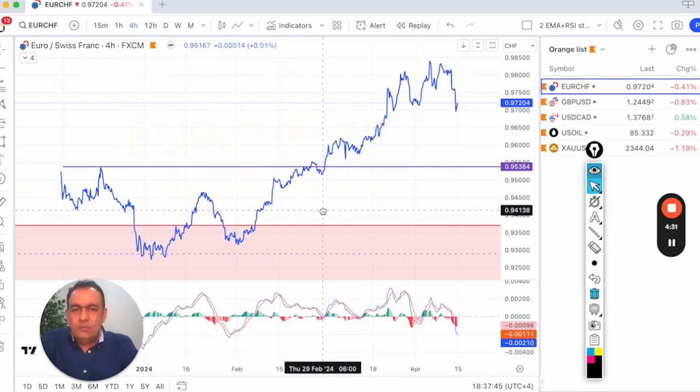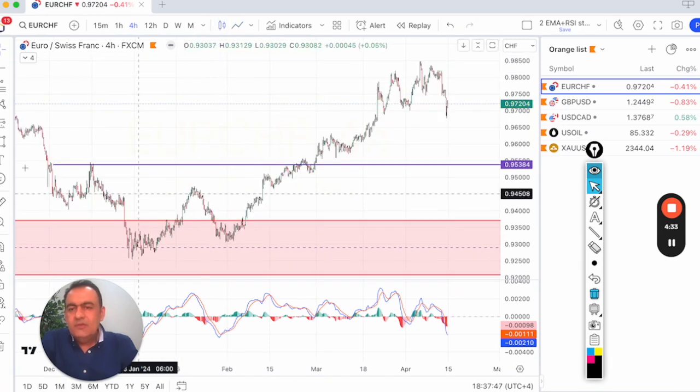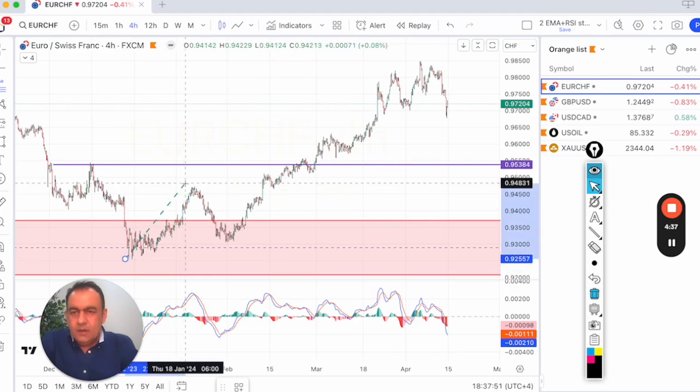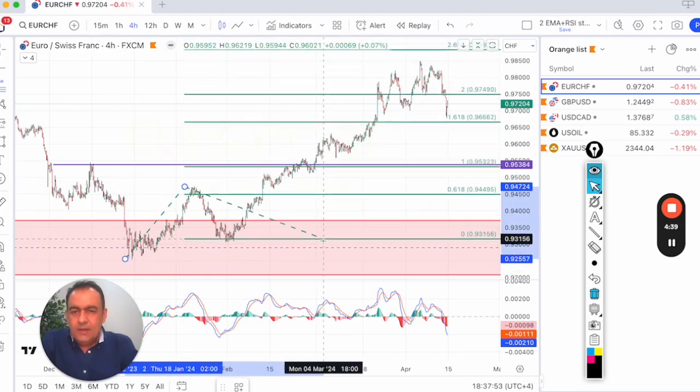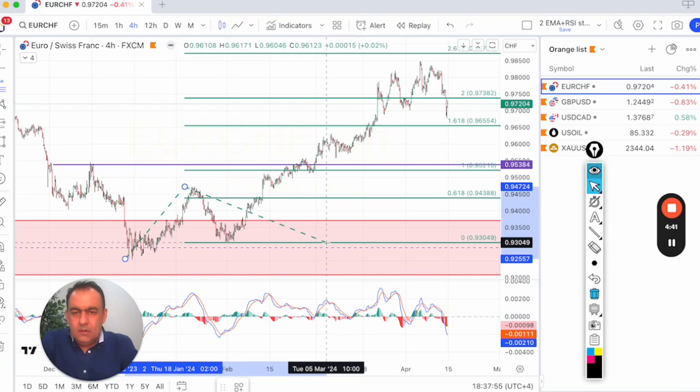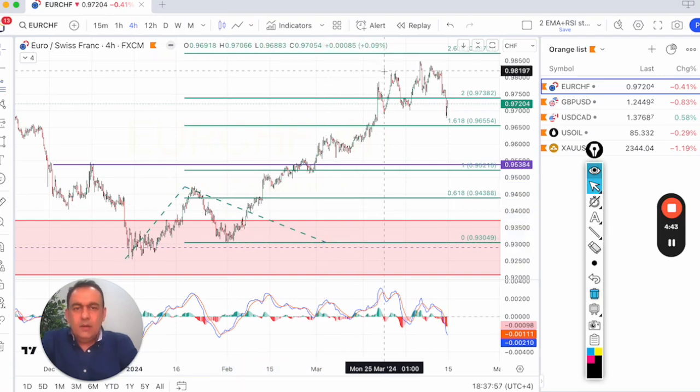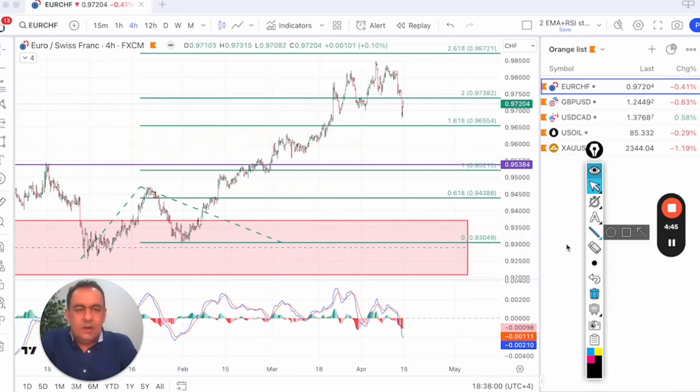Now I'm going to mark a fib extension starting from the lowest point, connecting to the first high and the first higher low. If you notice, it has not completed the bullish cycle because this bullish run has taken this instrument to the fib extension level of 2.61.